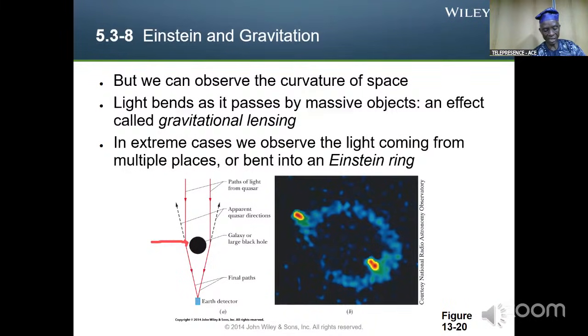From what you learned in optics in secondary school, light, as far as the eye is concerned, travels in a straight line. So the eye will assume that this ray we are seeing here is coming from somewhere here, in a straight line. It didn't know that it was bent.